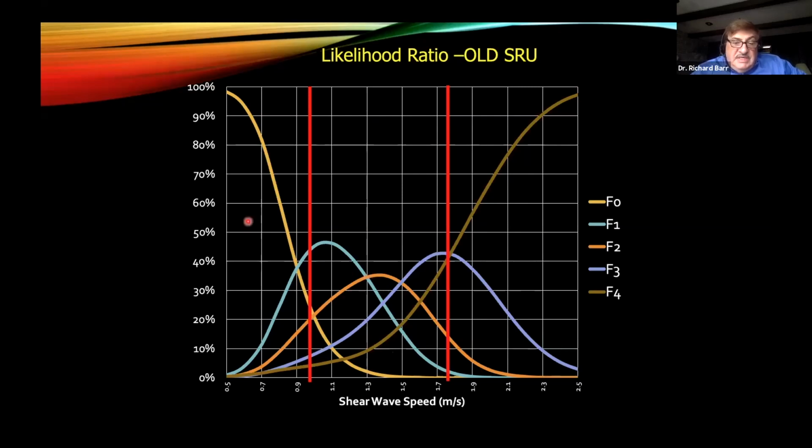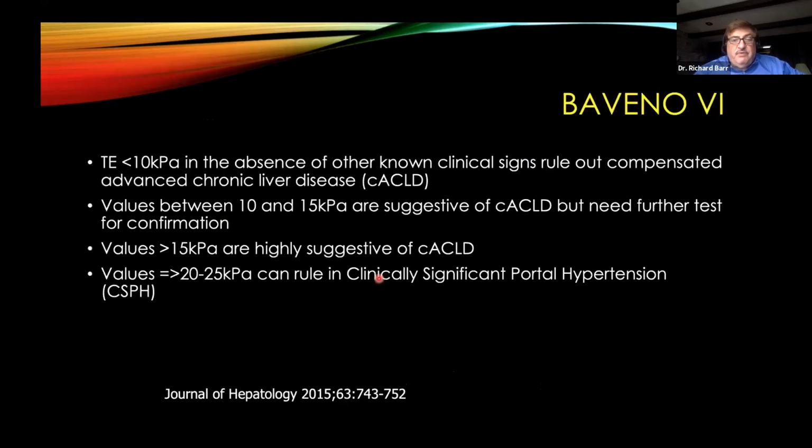So you can see that below this low cutoff value, the vast majority of patients are F0 and F1, and above the higher cutoff value, most of the patients are F3 and F4. And in the middle, we've got an overlap of all these. We just can't separate out a lot of these F1s, F2s, and F3s from each other, no matter which method of elastography we're using.